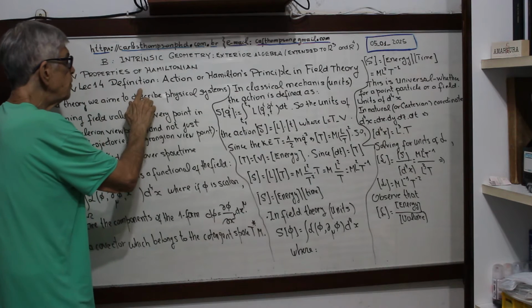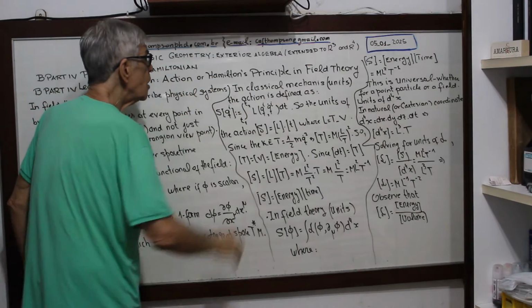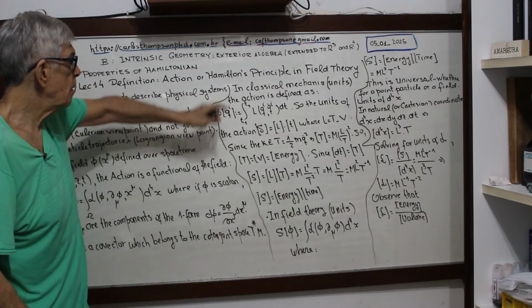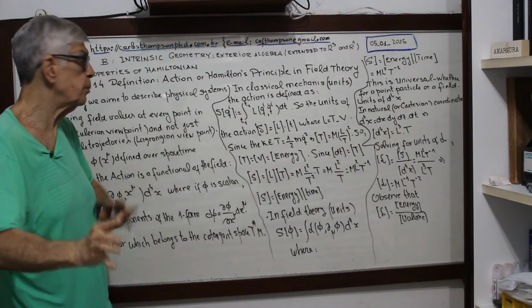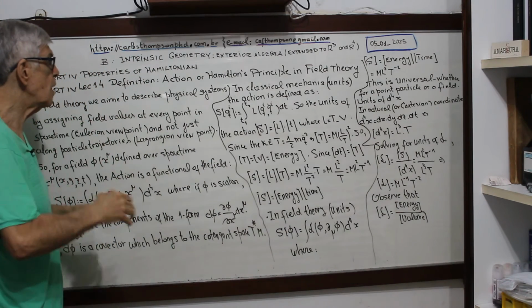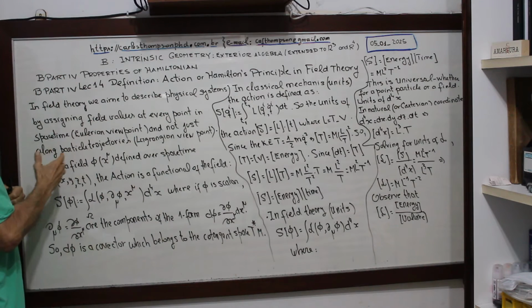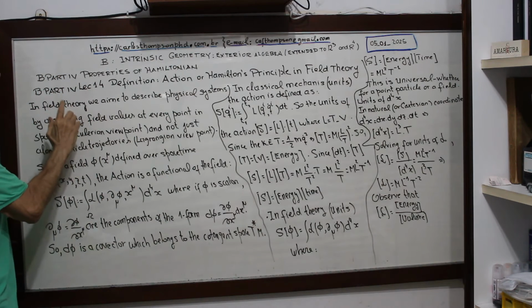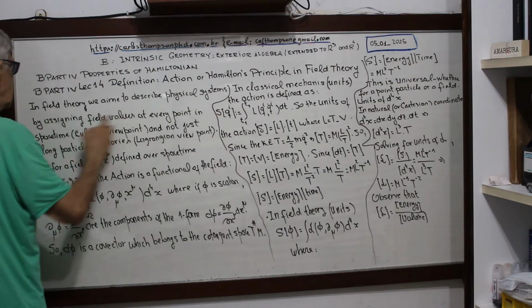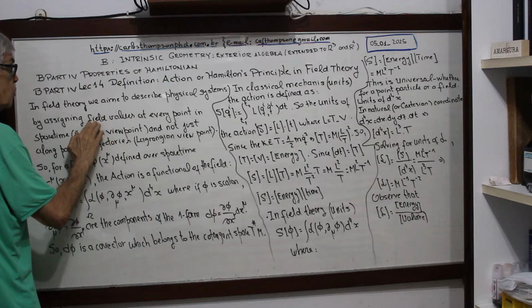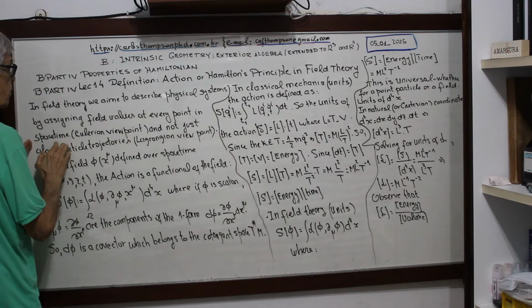Now, definition: the action, also called Hamilton's principle in field theory. Action principle or Hamilton's principle, it is the same. In field theory, we aim to describe a physical system by assigning field values at every point in space-time.